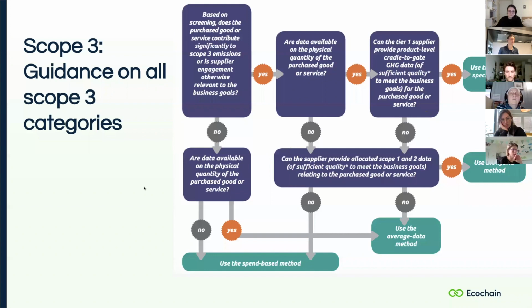And what the protocol does very well is provide you with decision support on which methodology to use. So, for instance, for purchased goods and services, you see in this decision tree: is that a really relevant impact category for your organization, or is it not?